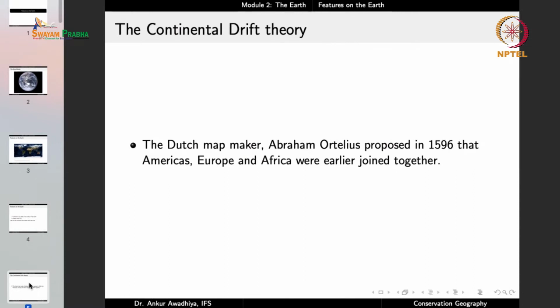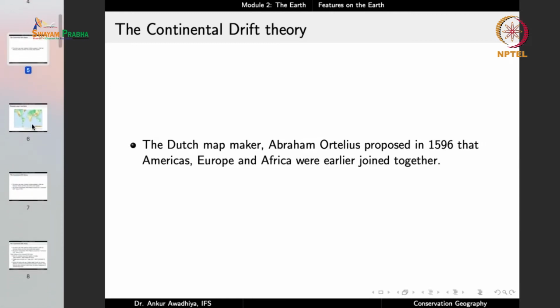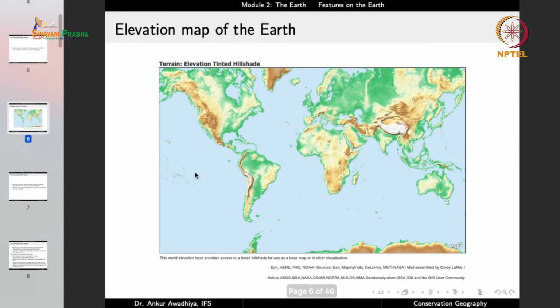Now in this context, the Dutch map maker Abraham Ortelius proposed in 1596 that the Americas, Europe and Africa were earlier joined together. When he was making the map, he had a hunch that if we look at the east portion of South America and the west portion of Africa, it looks like we can move this part and it will fit there.